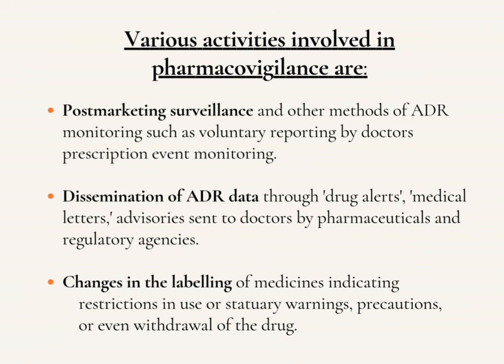The collected information is analyzed and shared through drug alerts, medical letters, safety advisories, and regulatory notifications. Based on these reports, authorities may update drug labels, introduce new warnings, restrict drug use, or even withdraw medicine from the market if they are found to be unsafe. This continuous monitoring protects millions of patients worldwide.